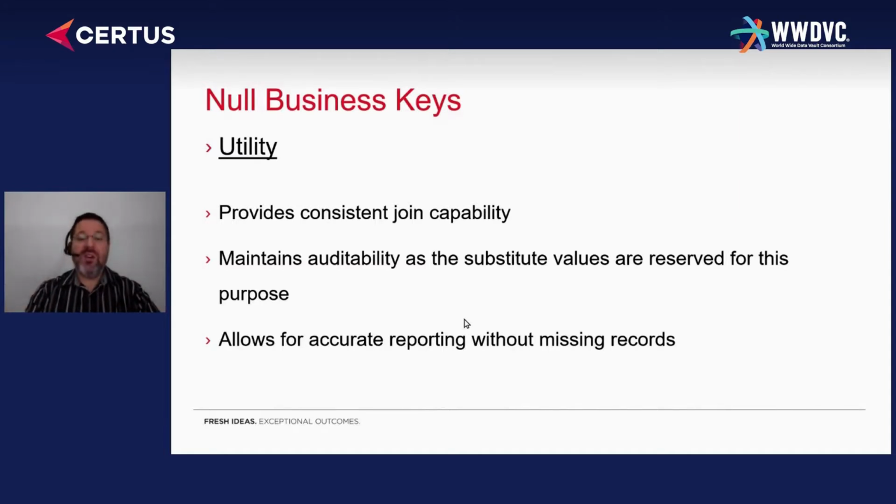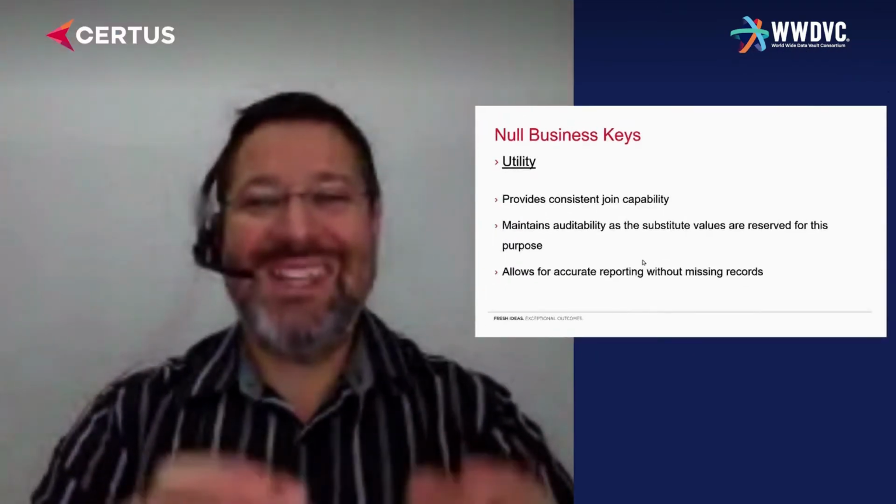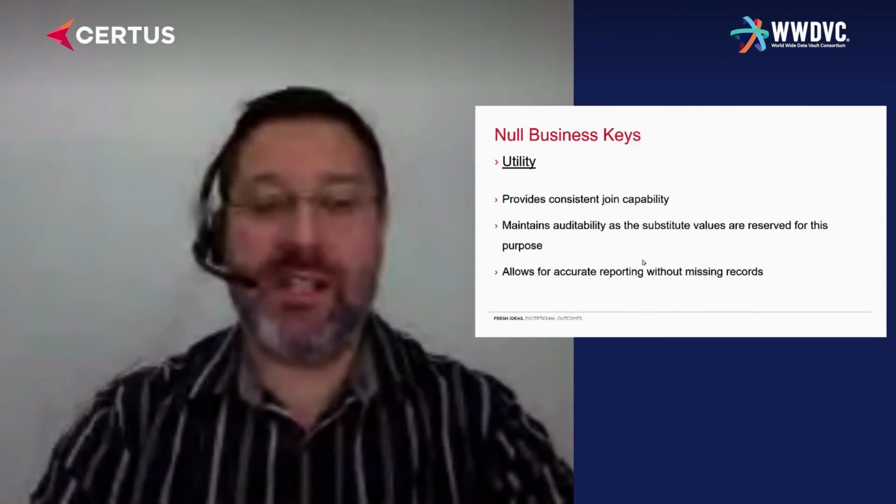Either way, the records would drop out of the result and therefore give you either an incomplete or incorrect result. With the substitutions in place, it now gives you something that technically will not cause you any reconciliation issues. So this is null business keys dealing with the realities of poorly formed data as they arise.